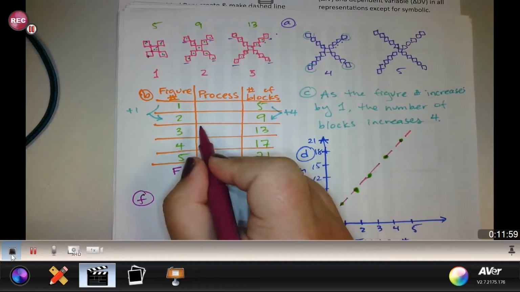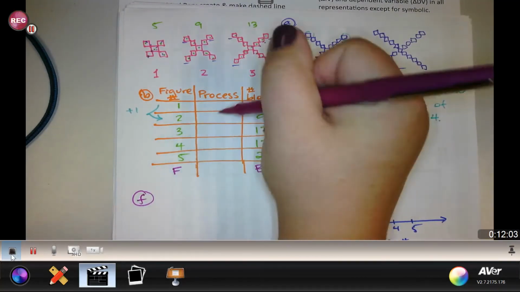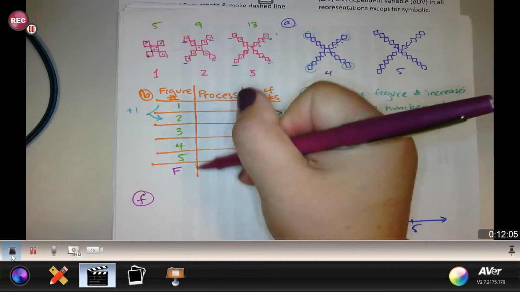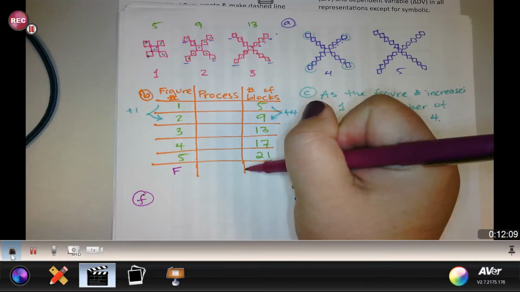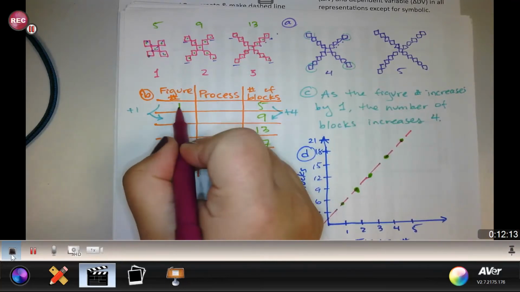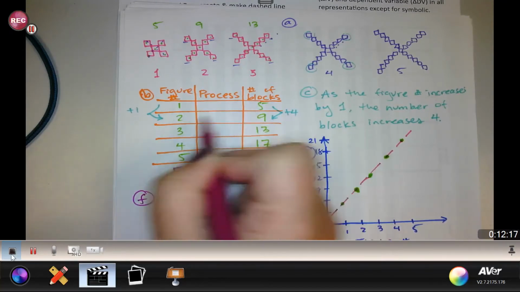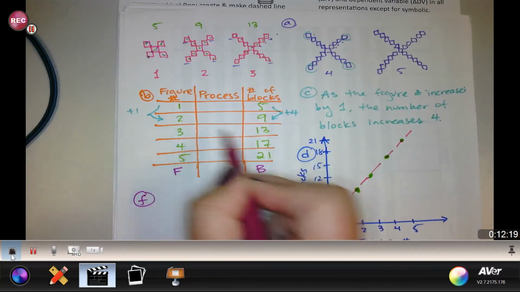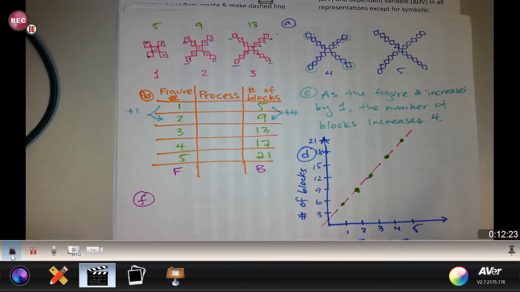So again, I'm skipping E and going to F. What I want to do is use a process here, and the way you check is, remember when we filled in a process and then used that to form a symbolic representation, when you plug in the figure number, the output should be the number of blocks. If you don't get the right number of blocks for every single one of these, then you know it's wrong, okay?